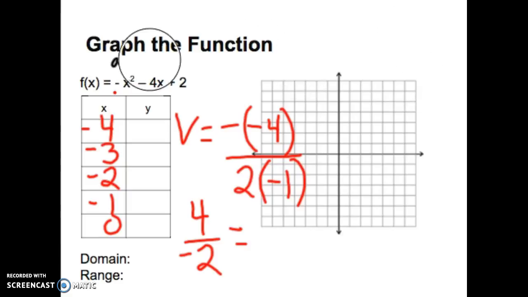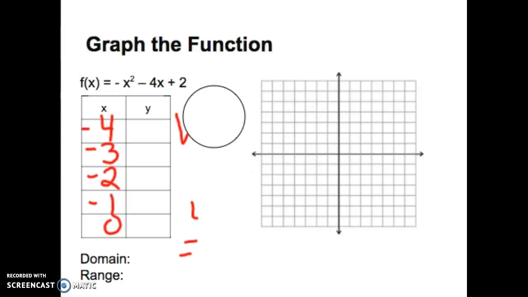Now, you may need a calculator for this part, so if you don't have one, I suggest grabbing one, and we need to simply input the values into our function. So as we plug in negative 4 into our equation, we end up getting that y is 2. Do the same thing for 0, and you see that that's also 2.